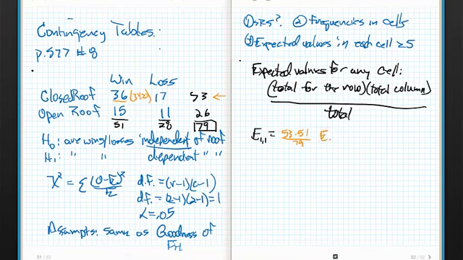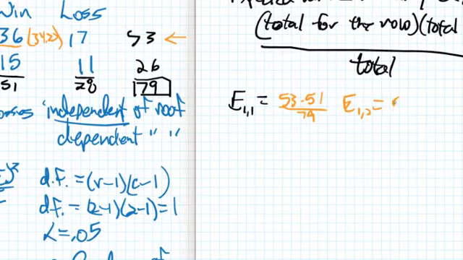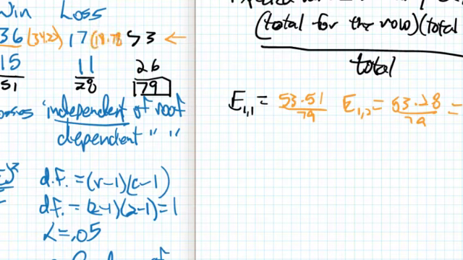If I go E for the first row, second column, that's going to be 53 times 28 divided by 79, and I end up with 18.78. All right, and so on and so on.